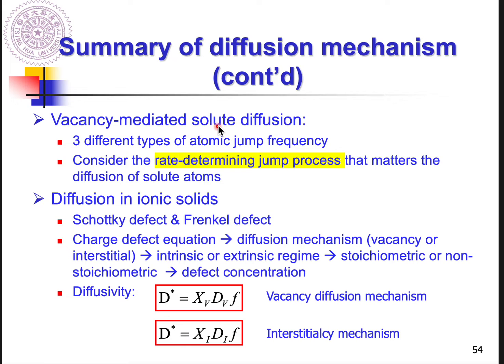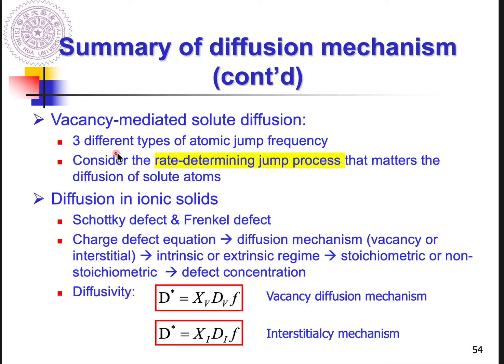We also provided you with the case where the material is a doped material. You dope some solute atoms at substitutional sites and want to know the self-diffusivity of this solute atom through vacancy-mediated diffusion. Because you dope another kind of solute atom at substitutional sites, that will cause a bond strength difference and a mass difference, so the atomic jump rate will be different.